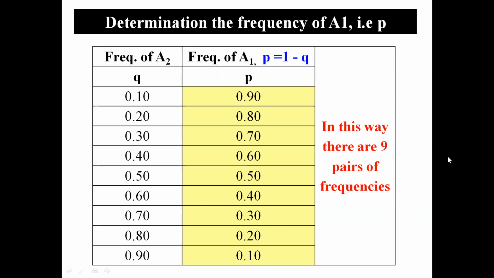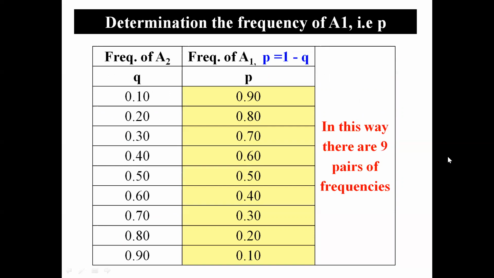In the first column, there are the frequencies of Q, and we know that P plus Q is equal to 1. If one frequency is given, we may determine the frequency of the other allele.